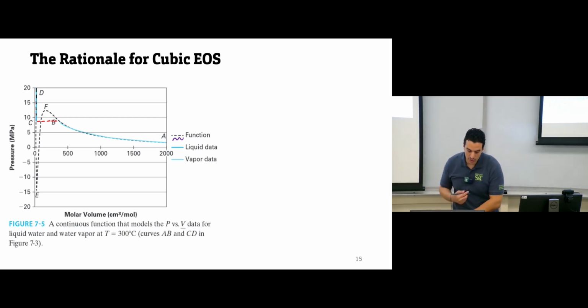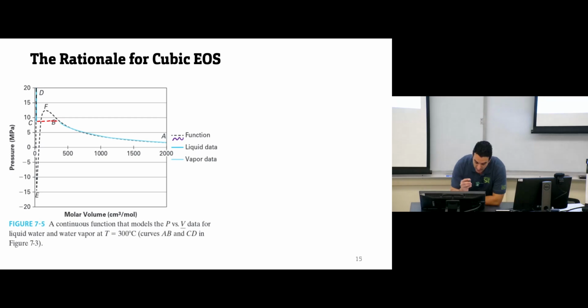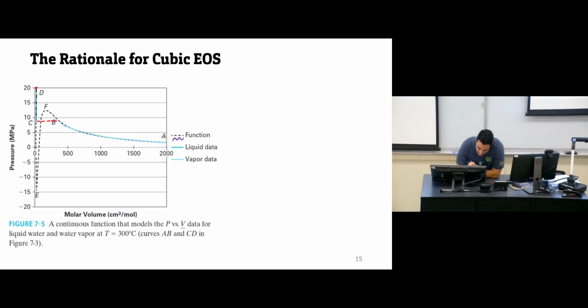This cubic equation, we can divide into 5 parts. From this point to that point, CD, is part number 1. Then from C to E is part number 2. Then from E to F is part number 3.